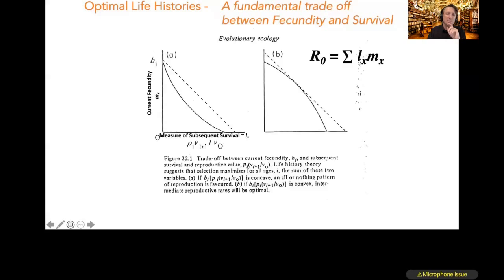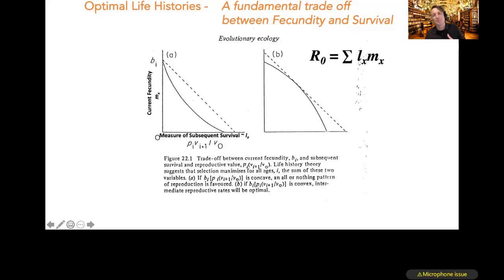If you plot a measure of survivorship, your lx, versus your measure of fecundity, mx, either within a given species or between species, you tend to get an inverse relationship, with lx on the x-axis and mx on the y-axis. So there's this trade-off between fecundity and survival.